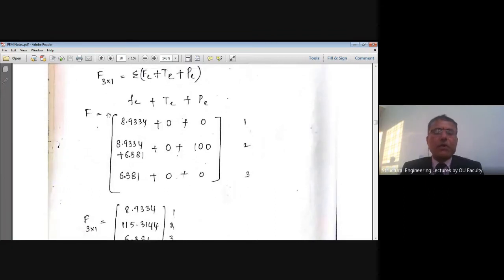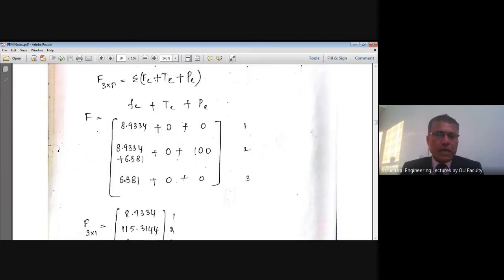Next subheading: assembly of the global load vector, notated by capital F, which is a 3 by 1 vector, having contributions from all three. One, the element body force vector. Now I'll go to the element body force vector. For the first element, we have seen that along the first and second degrees of freedom, they were contributing 8.9334 pounds, 8.9334 pounds.